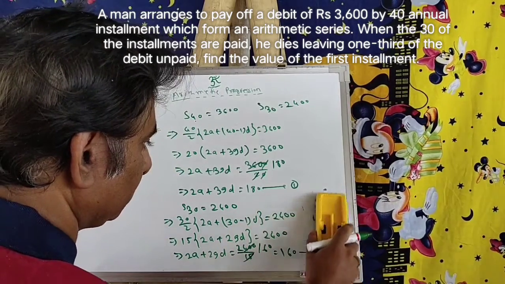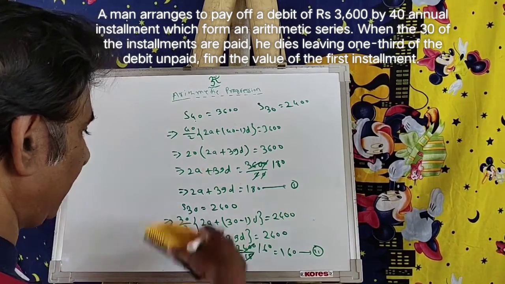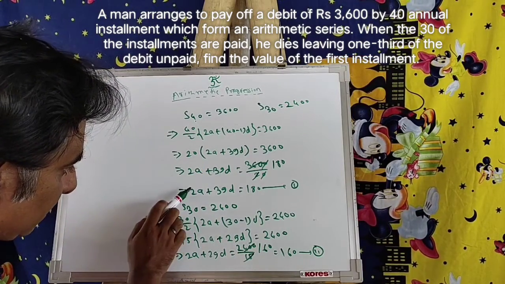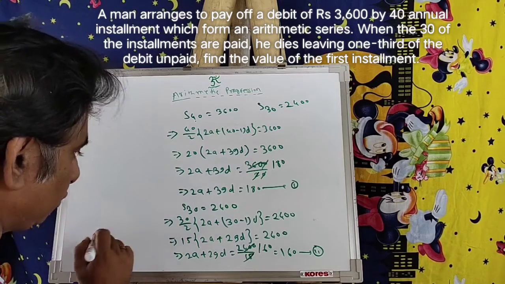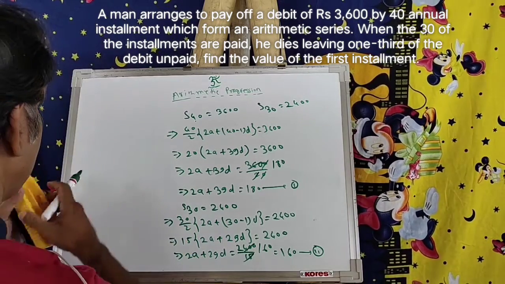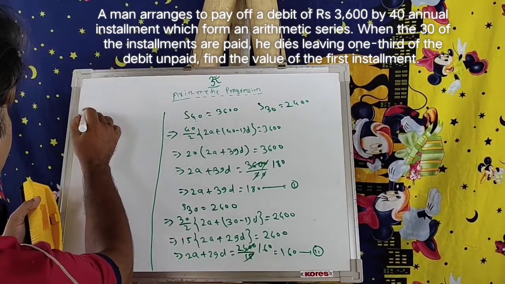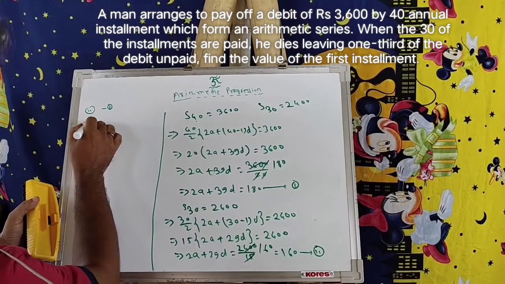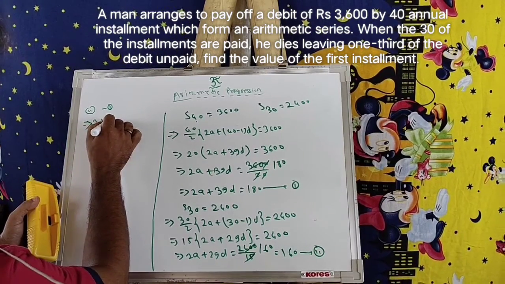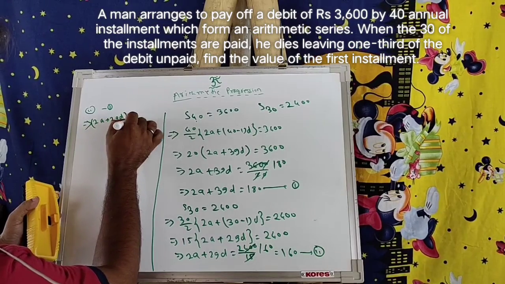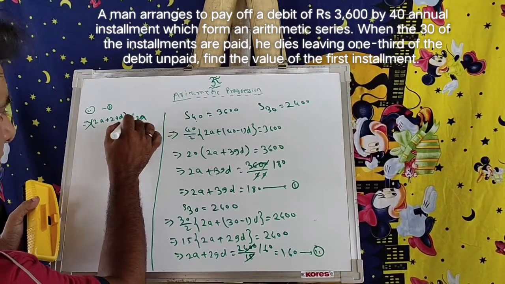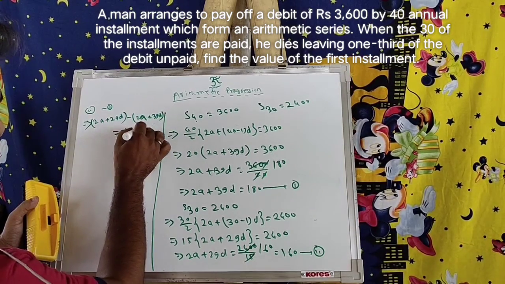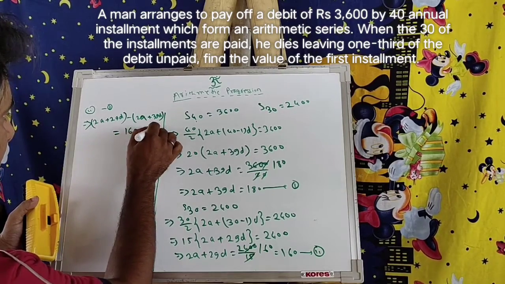Number 2. Now, eliminate one variable, either a or d. Easily you can eliminate a because the coefficient of a is 2 here and also 2 here. So, (2a plus 29d) minus (2a plus 39d) is equal to 160 minus 180.